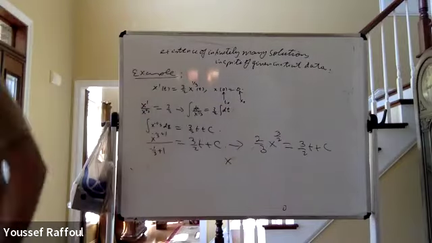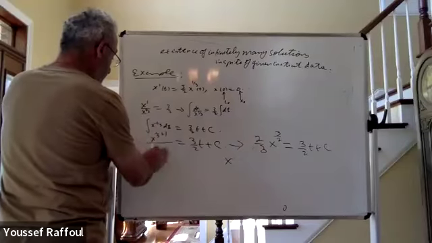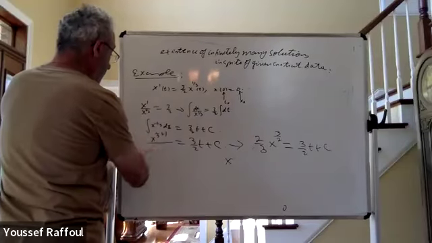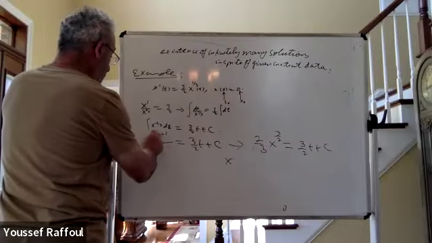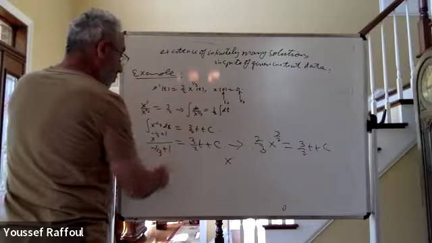So let's see. It should be x to the 2/3, not 3/2. Oh my God, I know. I am adding the exponent, x to the minus 1/3 plus 1 over minus 1/3 plus 1.